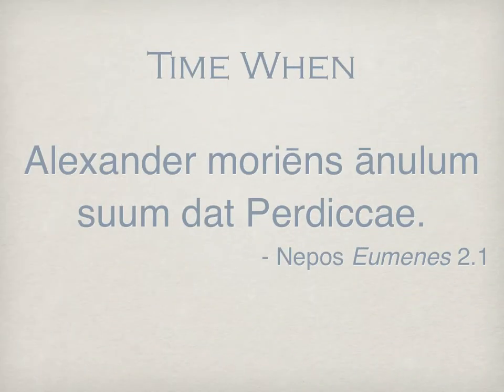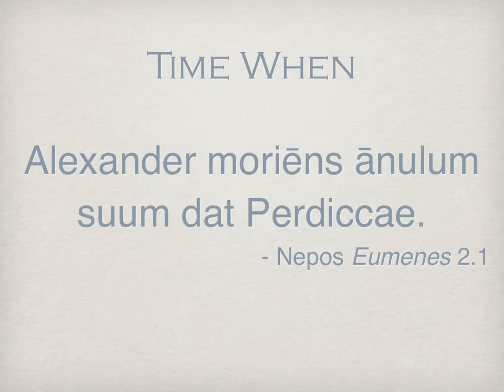Here's a use of the present participle, moriens, which captures this idea of time when. These are examples I'm taking out of Gildersleeve and Lodge. We don't know all of the vocabulary here, but let's walk through this. Alexander moriens annulum suum dat Perdiccae.